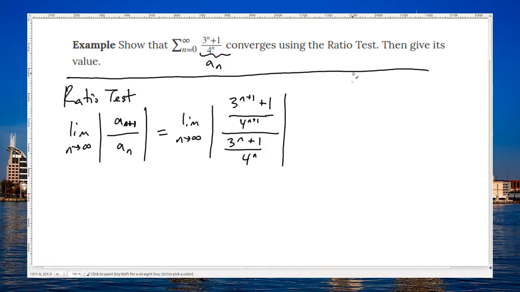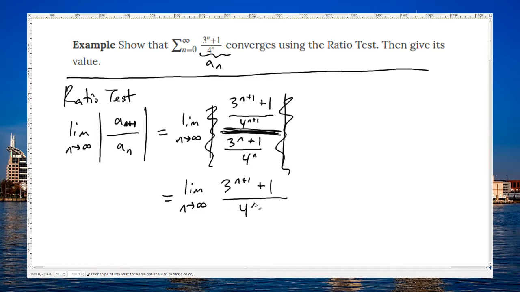And at this point, I notice that, well, in this particular series, everything is positive, so I'll just scratch out those absolute value signs. And to make my life a little bit easier, I'm going to rewrite this fraction of fractions into the top fraction times the reciprocal of the bottom fraction.